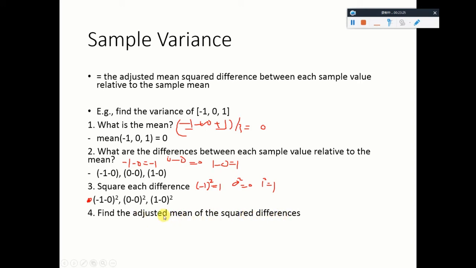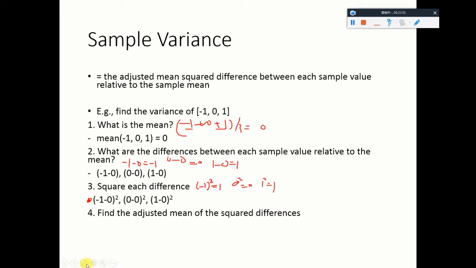Okay, so let's first just ignore this word adjusted. We'll soon find out what it means, but for now, mentally block this word. If I ask you how to find the mean of the squared differences, what would you do?